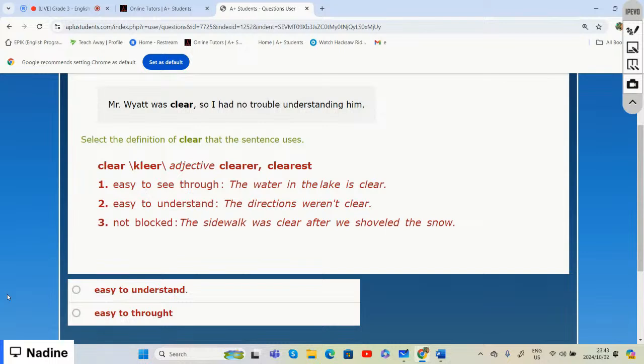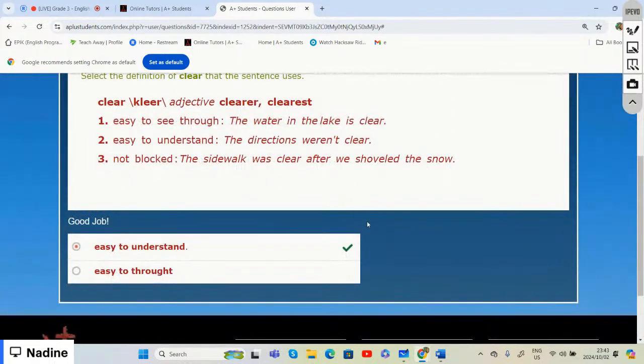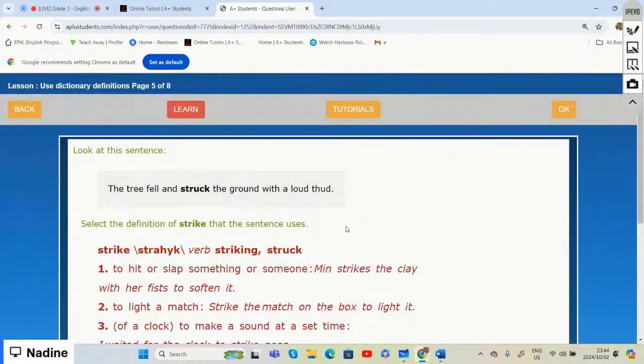If we select the definition of clear, we can say it is easy to understand. So yes, that is correct. Well done. Let's do the last one.